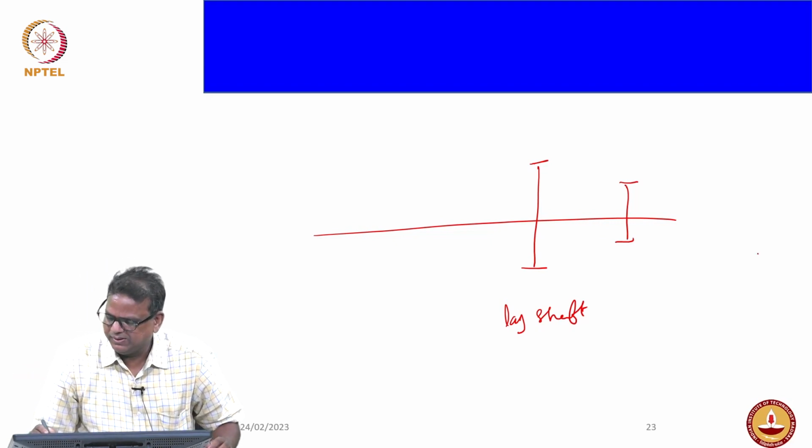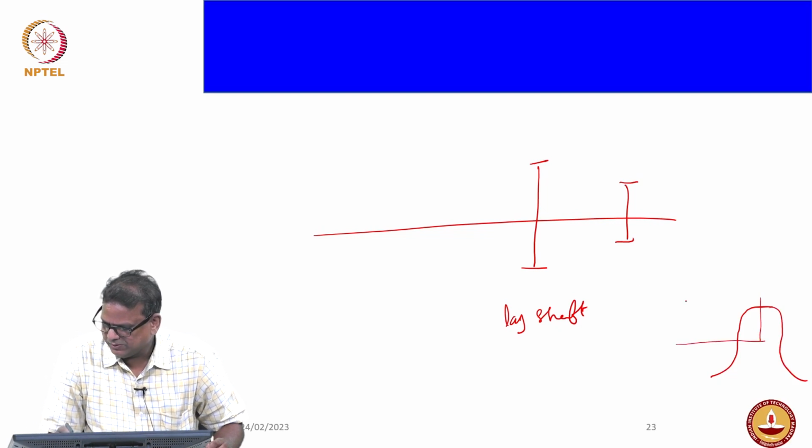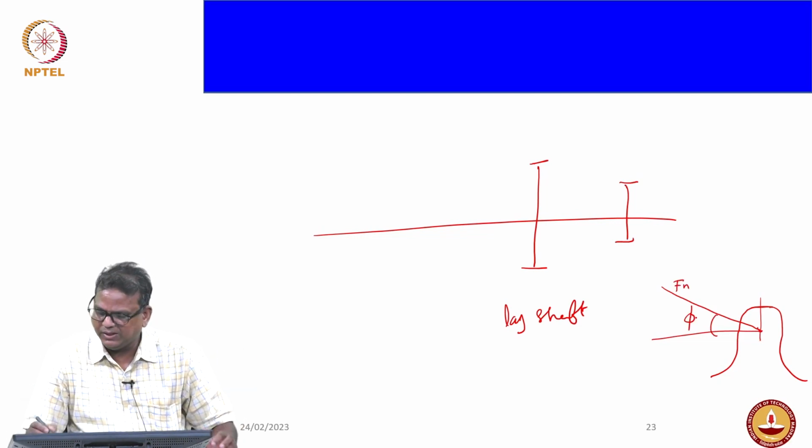Assuming this is my gear profile, normally you will have it this way. This is your resultant Fn, and this is your pressure angle. If you divide it, you will have 2 components.